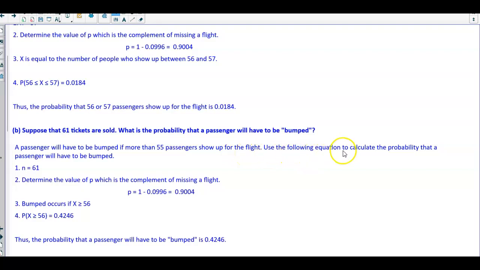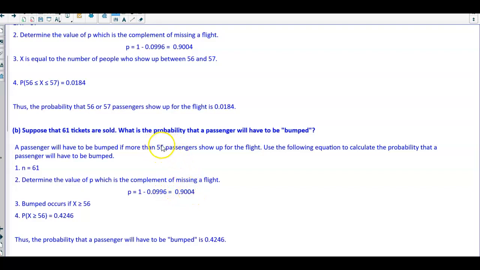We're going to use the following equation to calculate that probability. How many tickets are sold? That means that n is equal to 61. We also determined what p was: 1 minus 0.0996, which is equal to 0.9004.